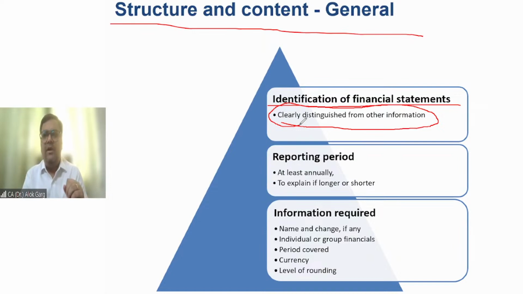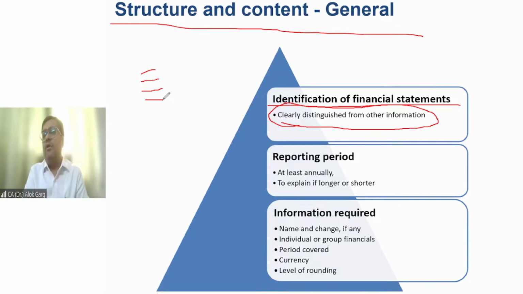When you download the annual report, you find a lot of things. For example, you will find the board of directors report, the corporate governance report, and the business responsibility and sustainability report.